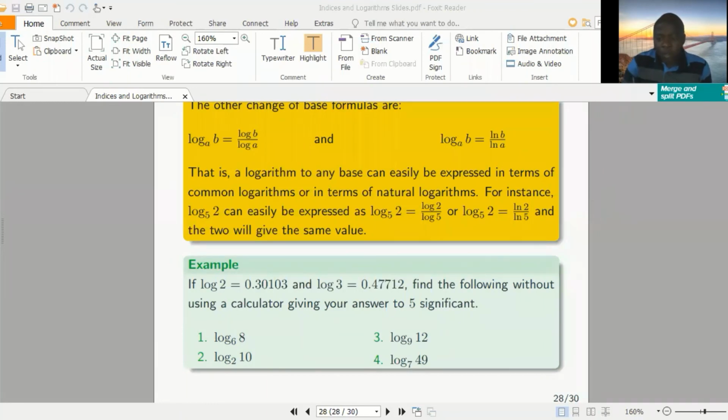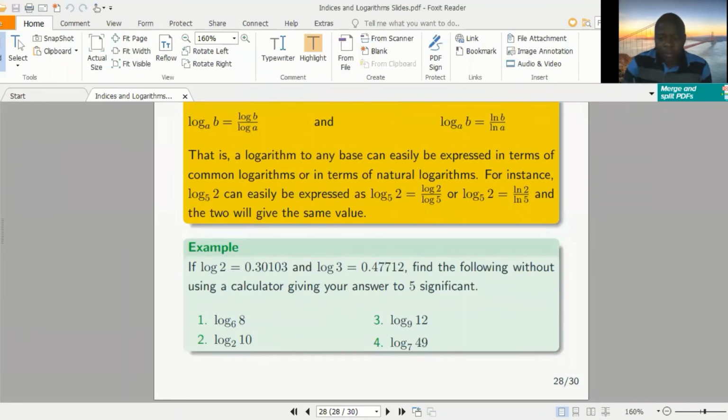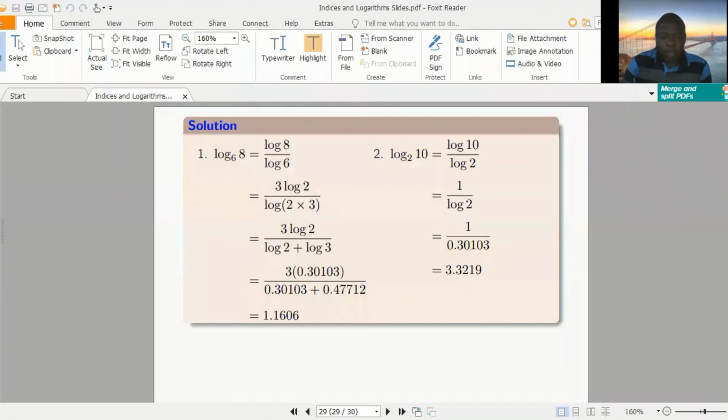So let me just show you what I did, because you already know how to do most of these things. I'm just introducing this. I've said that the log of 8 to base 6 is the same as log of 8 out of log of 6.